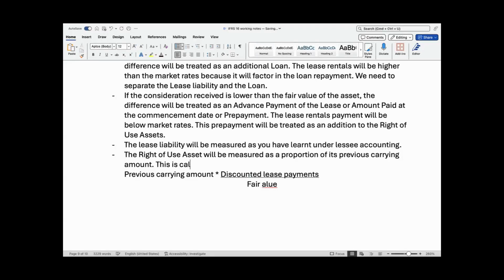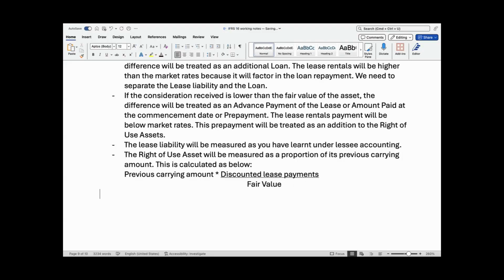So this is calculated as below. So this is how you recognize the right of use asset.